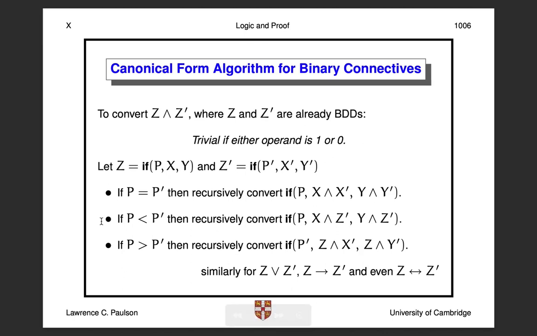Now, what about the other two cases? Well, they're symmetric, so I'll just look at one. You see, if the top variables are different, P comes before P prime, and since we must test the variables in order, we need to test P. We cannot test P prime because then it would be out of order when we came to P. So we do a test on P, and if P is true, we go to X, which is what P leads to.